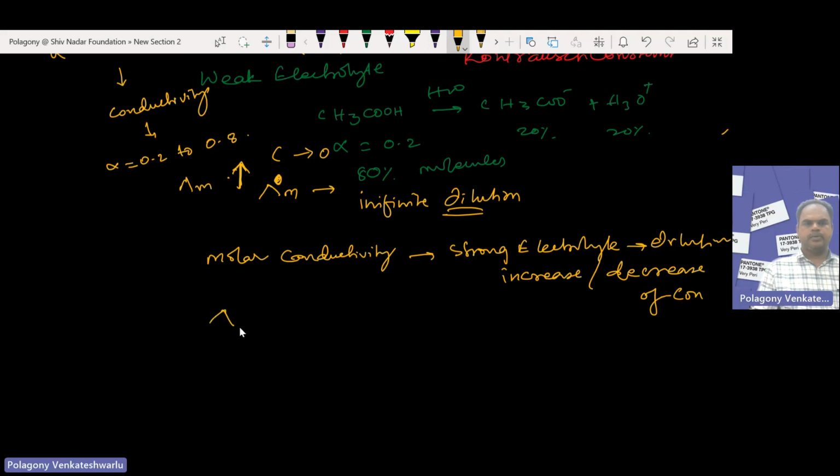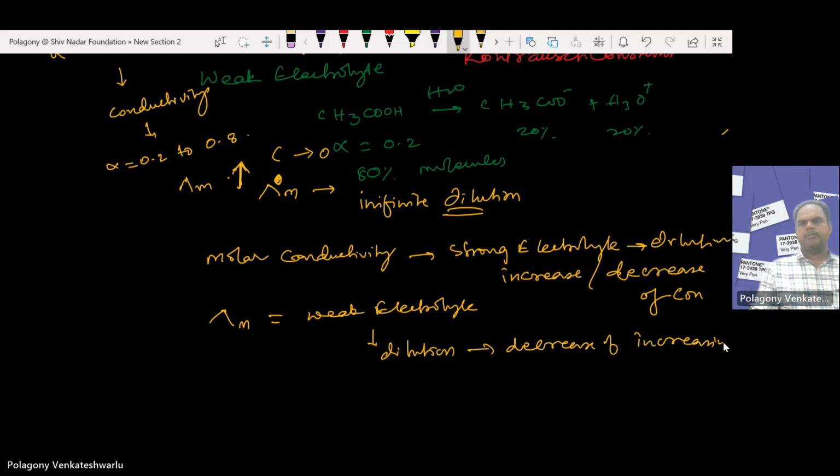And similarly, the molar conductivity of weak electrolyte upon dilution, with decreasing concentration, increases.